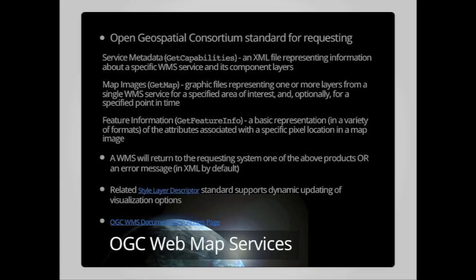Those error messages are important for being able to identify what problems there might be in a request that's being submitted, whether they're missing parameters, misnamed parameters, or invalid information that's being submitted. So as you're working with web map services, you should always keep in mind those error messages that you're likely to get back as you initially start trying to interact with web map services.